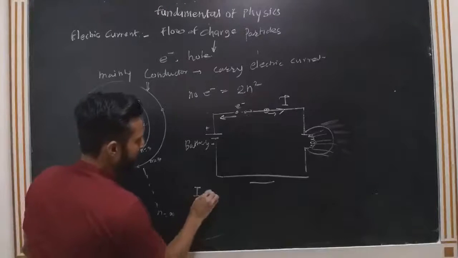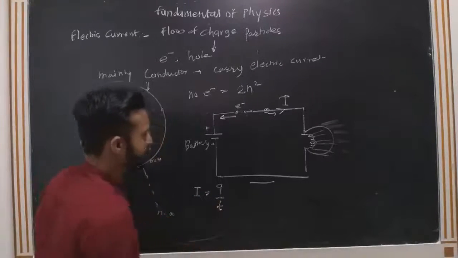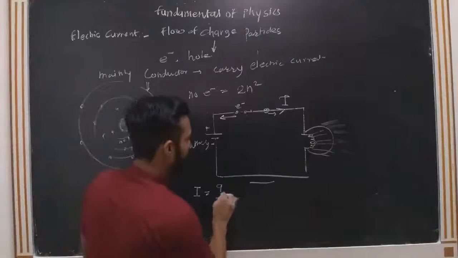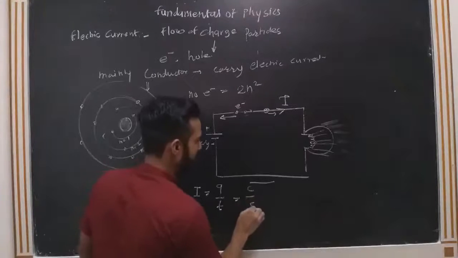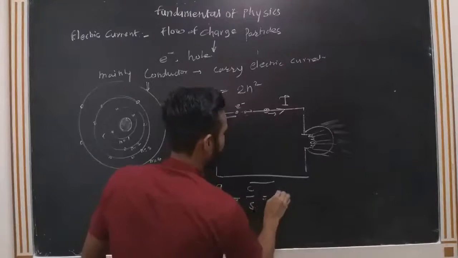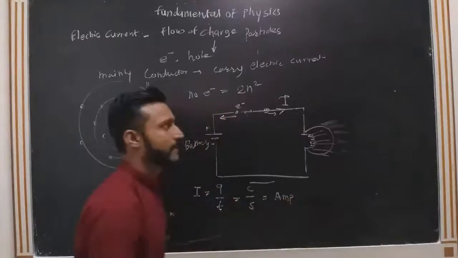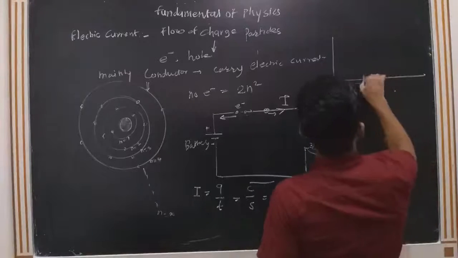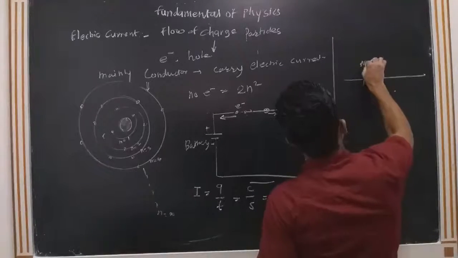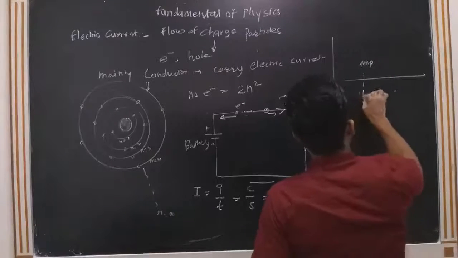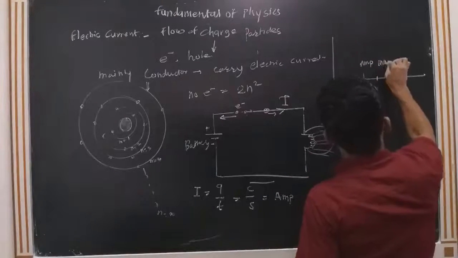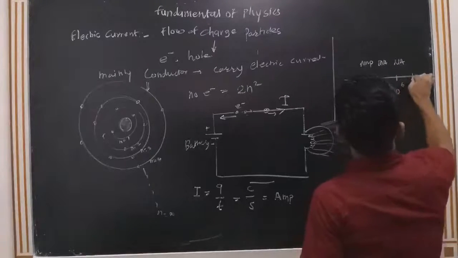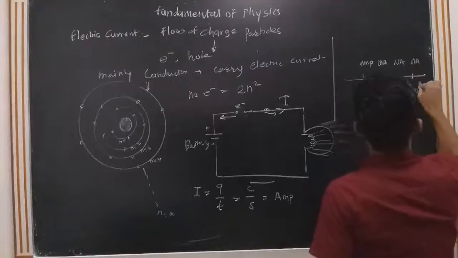So electric current I is nothing but Q by t, the flow of charge per unit time. The unit of charge is coulomb and time is second. So coulomb per second is nothing but ampere, and we can draw the scale here. 1 ampere; 1 milliampere means 10 raised to -3, microampere 10 raised to -6, nanoampere 10 raised to -9, a very small current.